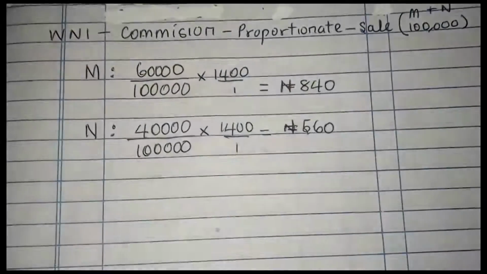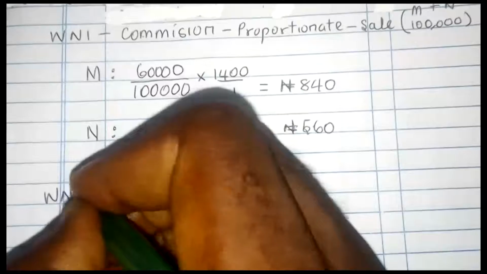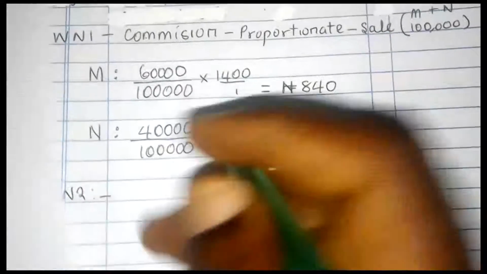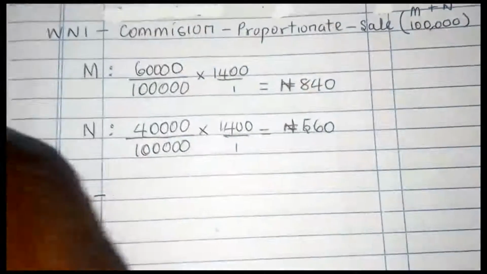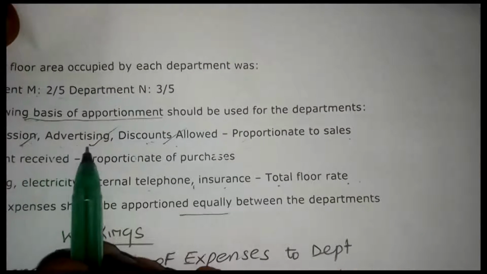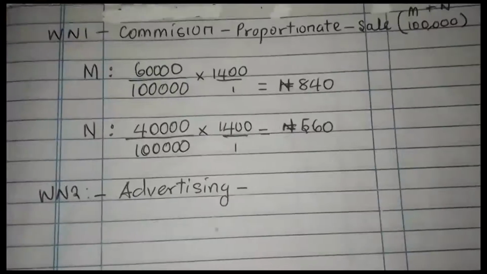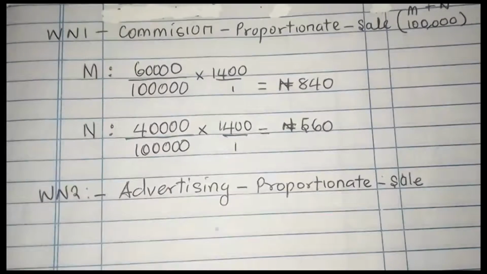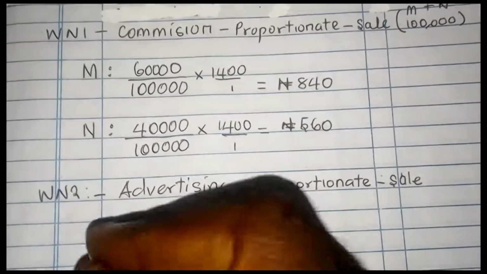Then you have working note 2. You do this quickly in case of exam. This is advertising, proportionate to sales. So you do the same thing.